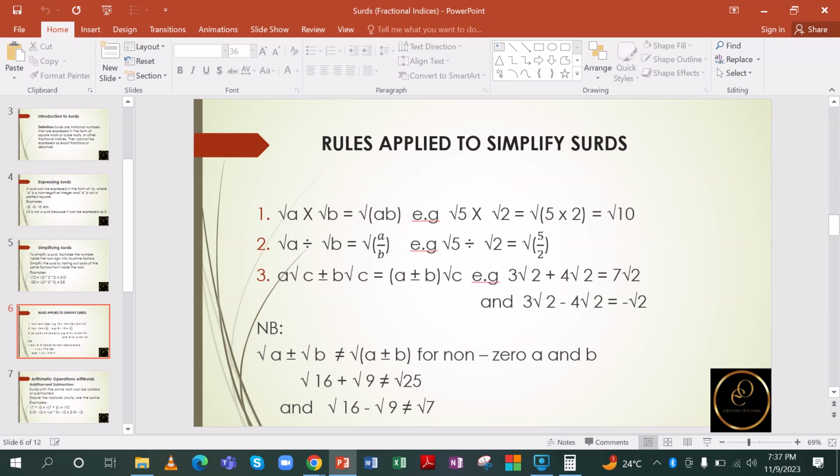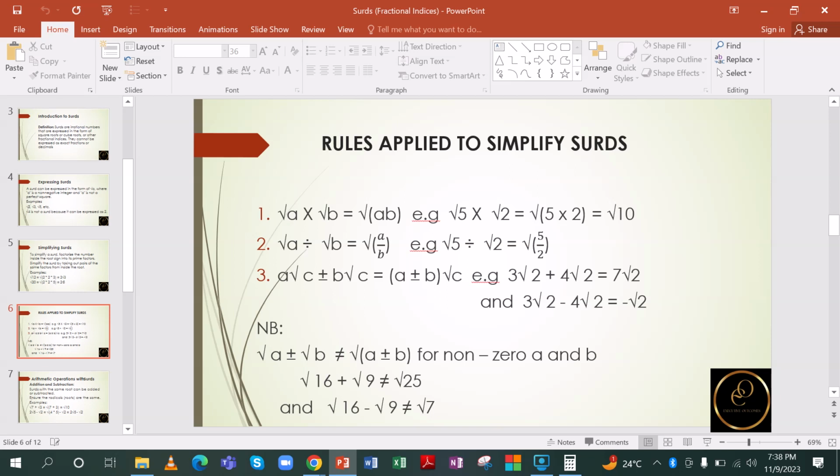If you have A multiplied by the square root of C plus B multiplied by the square root of C, it is the same as having A plus or minus B, then multiplied by the square root of C. For instance, 3 multiplied by the square root of 2 plus 4 multiplied by the square root of 2 is the same as 3 plus 4, which is 7, then the common square root of 2.